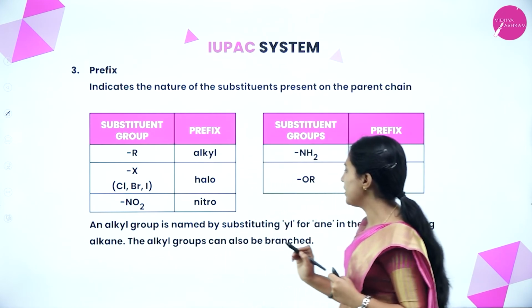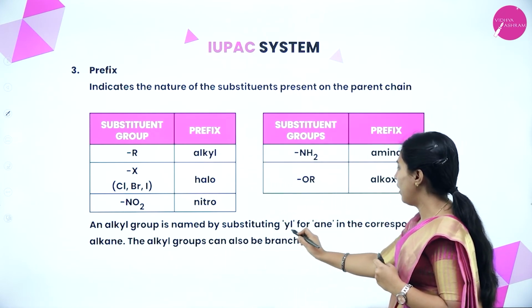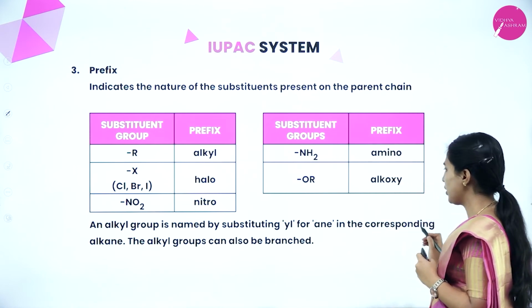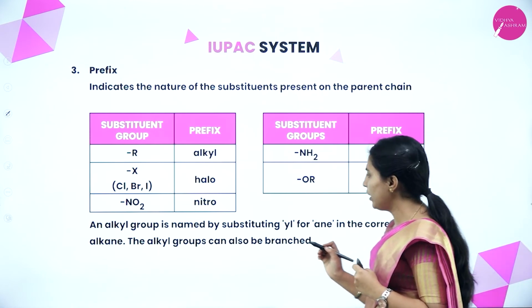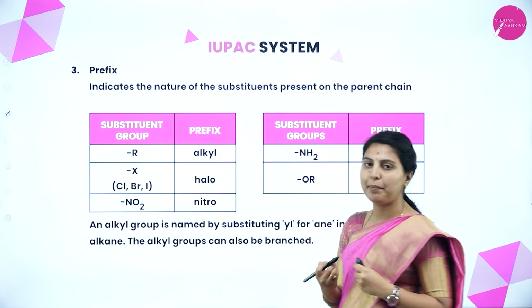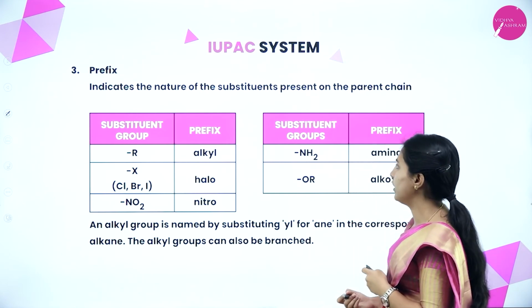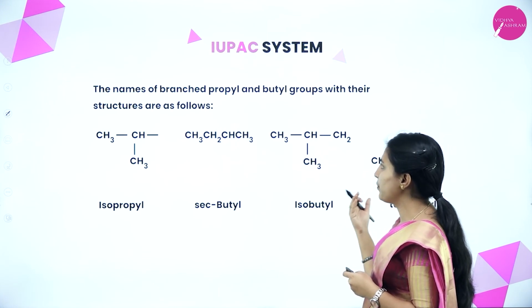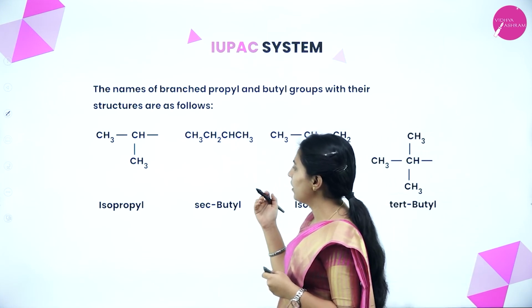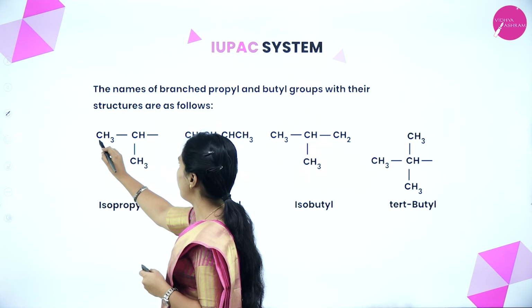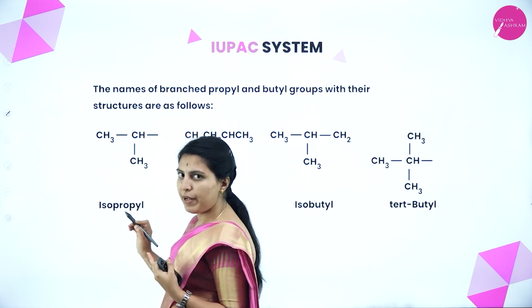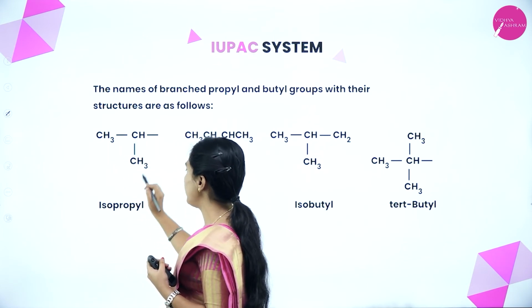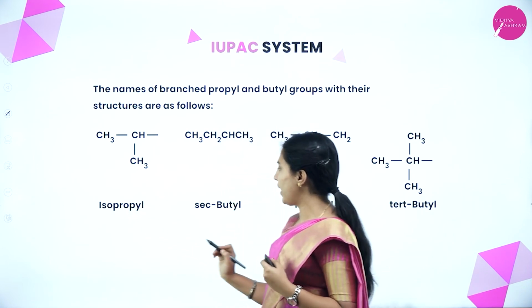An alkyl group is named by substituting YL for ane in the corresponding alkane. The alkyl group can also be branched, that we know already. If you want to see the branched propyl and butyl groups with their structures, see here, isopropyl, 1, 2, 3, 3 carbon atoms. The propyl region is a little bit branched, that's why iso.